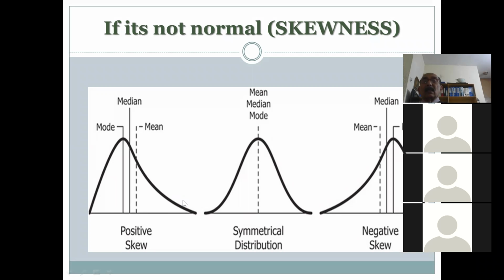You may have 90 people whose income is very close, and 10 people who have very high income. When you calculate the mean, it does not truly represent the mean of that group. Mean may be very high. So it is positively skewed. It means the mean will be higher, the median will be lower, and the mode will be even less.